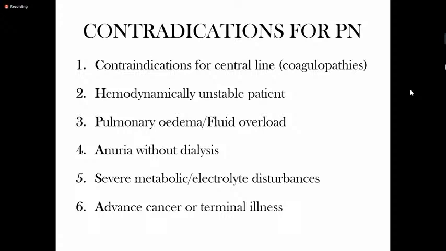And the patients who have advanced cancer or terminal illnesses. With this last one, even if you give them parenteral nutrition, the course of their illness cannot be changed meaningfully. Okay, so you don't have to waste your efforts giving food to a person whose illness is terminal.